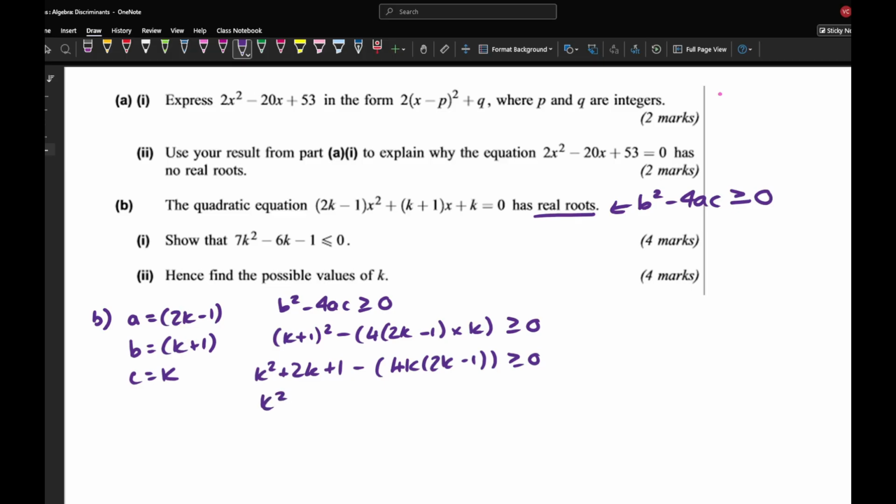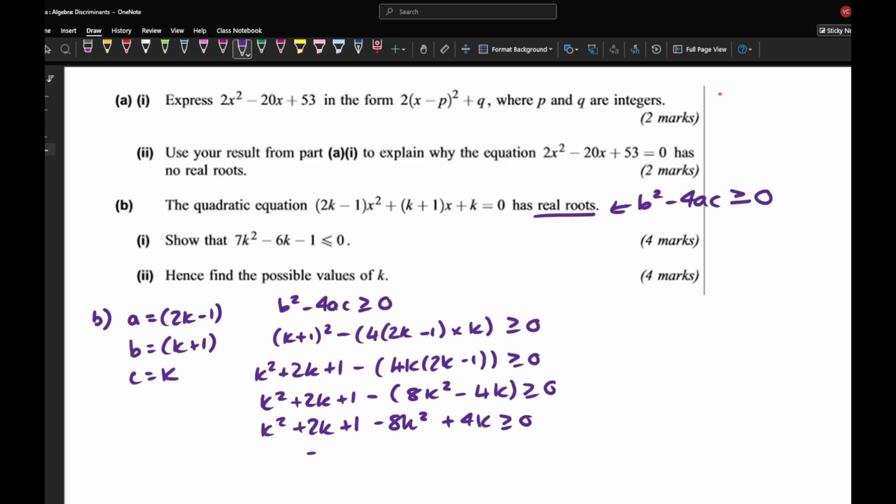So we get k squared plus 2k plus 1 minus 8k squared minus 4k. And again, just be careful with the negatives. So collecting all of this, we get k squared plus 2k plus 1 minus 8k squared plus 4k is greater than 0.